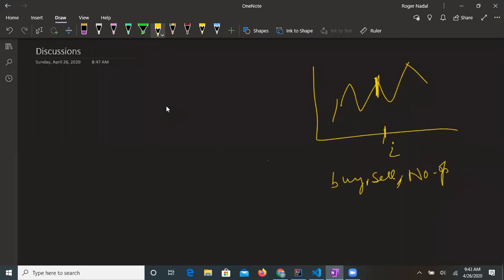So what is the result of buying, selling, or doing no op? If I don't have a stock, then I will have a stock in hand if I buy. If I have a stock and I'm selling it, then I will have zero stock after I sell it, right? And if no op, if I already have a stock and I did nothing, then I continue to have that stock.